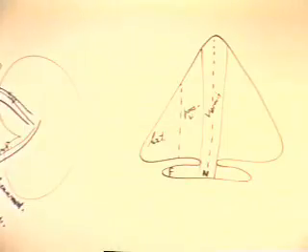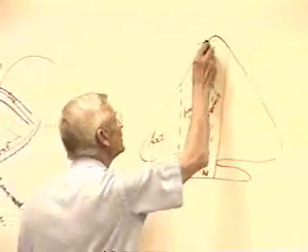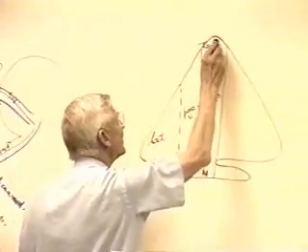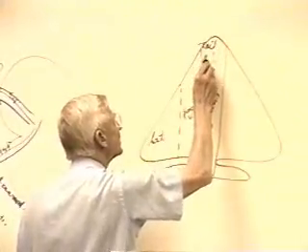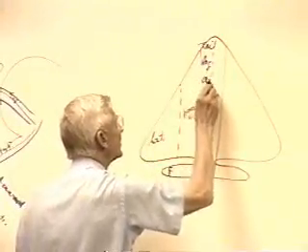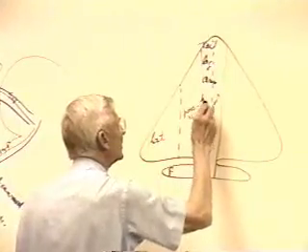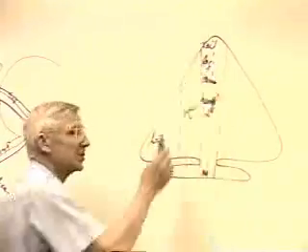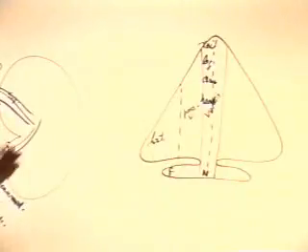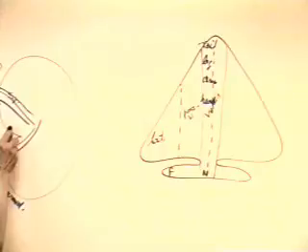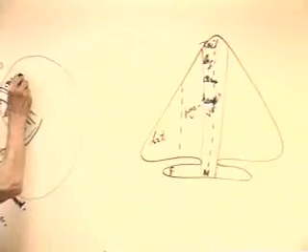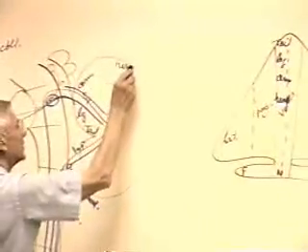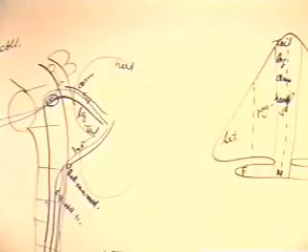And what we find is that we have a tail, leg, arm, and head projection in the anterior vermis, which goes something like this: tail, leg, arm, head, like so.